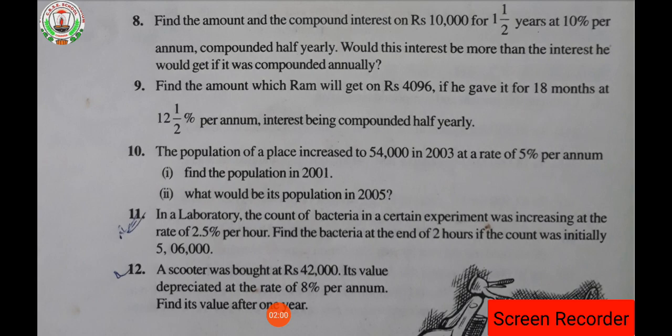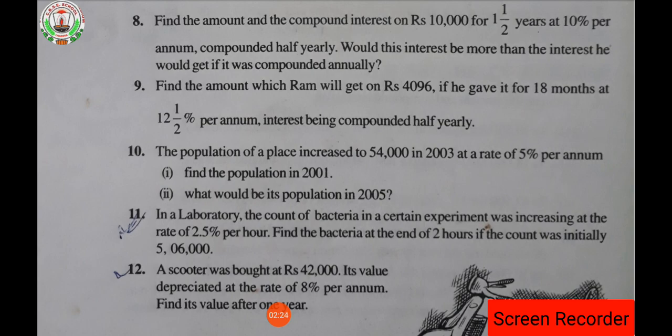Principal is 4,096. What is the rate here? Rate is 12.5%. Since it is given in mixed fraction form, we have to convert it into an improper fraction. And time is given in the form of months, 18 months, isn't it? So this 18 months we have to convert into years.